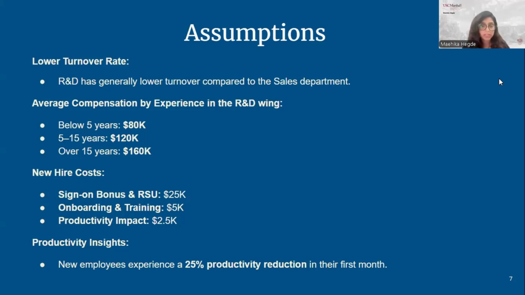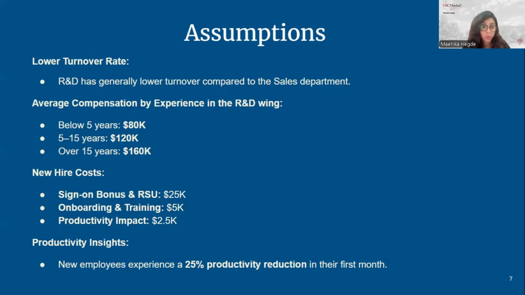So we did a scenario analysis and we had a couple of assumptions in place for the same, starting with R&D generally having a lower turnover compared to the sales department. Also, based on industry data, we found the average compensation by experience for the R&D wing below 5 years being $80,000, 5 to 15 years being $120,000, over 15 years being $160,000.